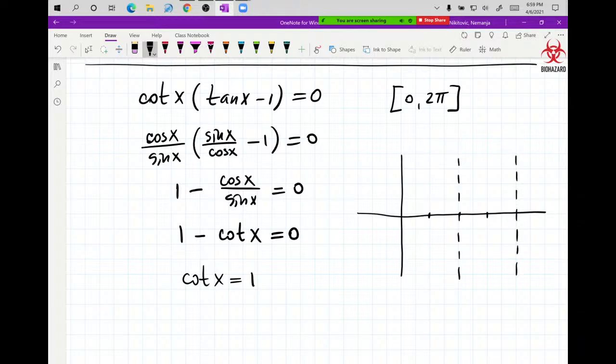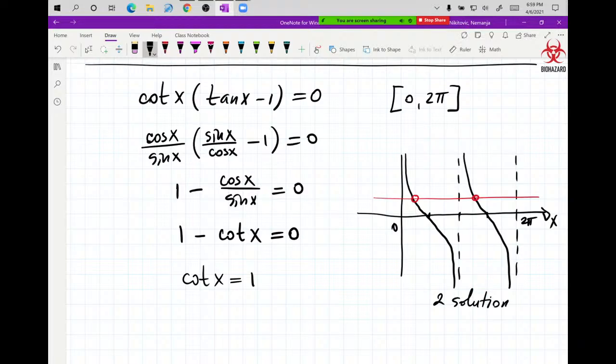So we'll have to draw 2 cotangent graphs over here from 0 to 2 pi. And the other side is 1. So there we go. 2 solutions. So now we know that we are looking for 2 solutions.